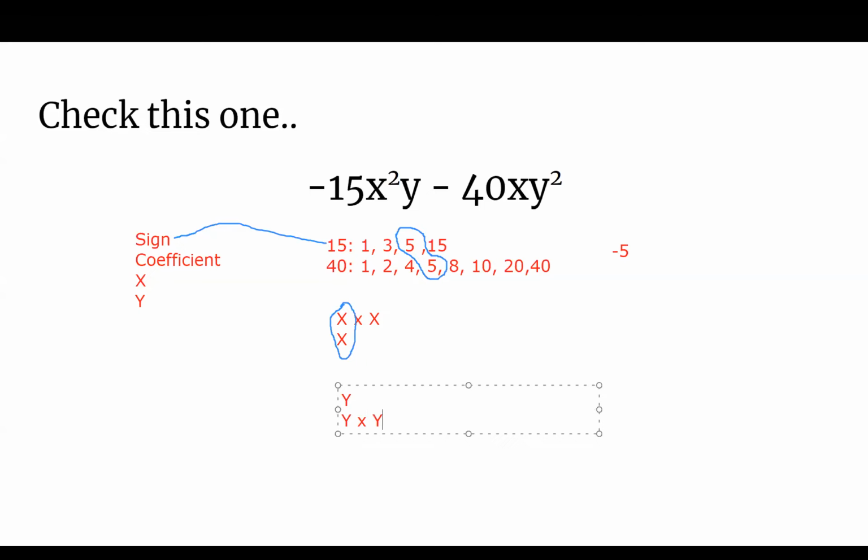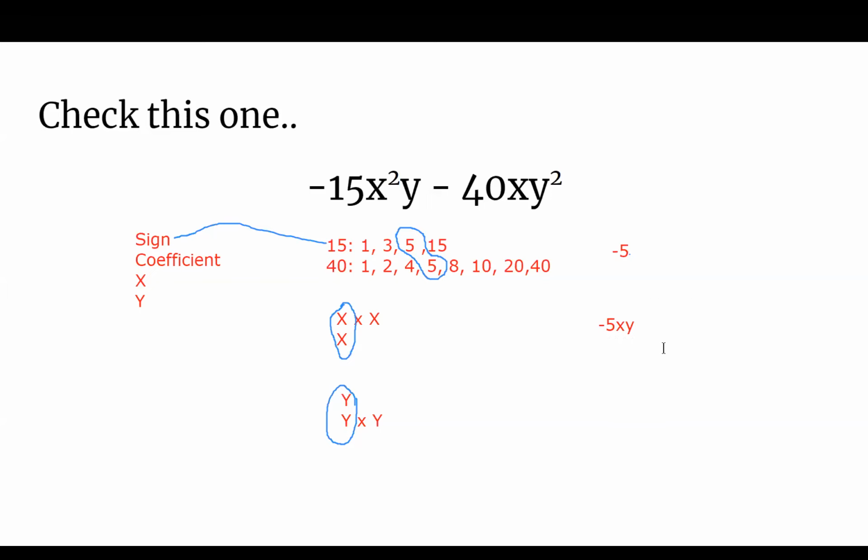So what is the common number of y's in these two? I have just one single y. So I just pick that. And together, what do they make? They will make a negative 5 times x times y.